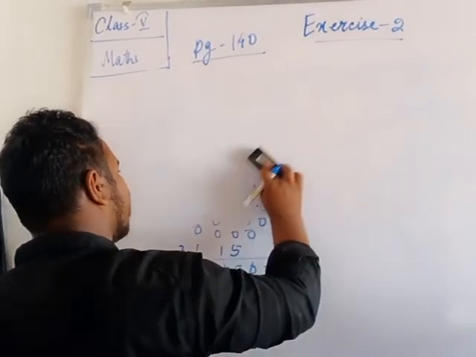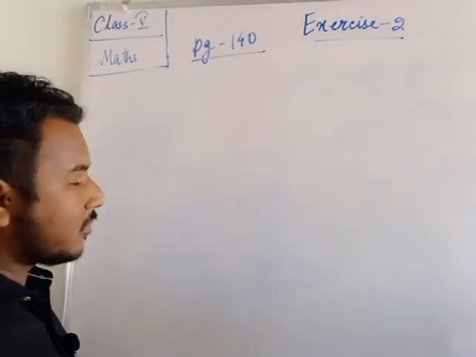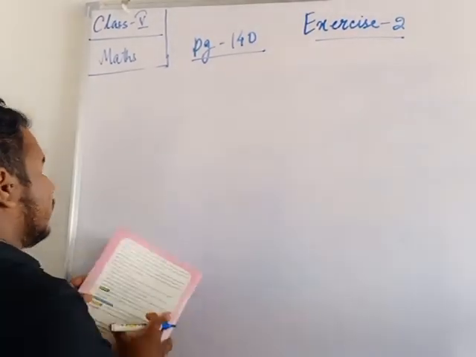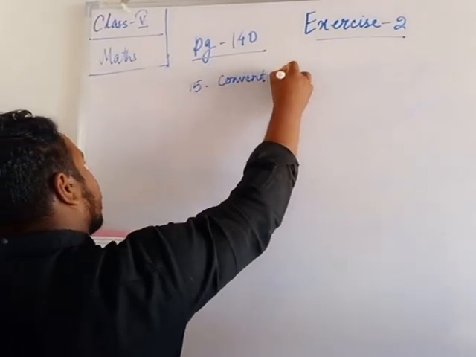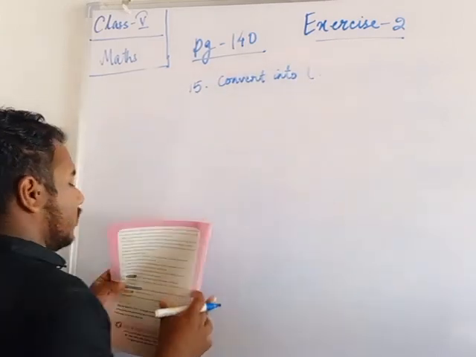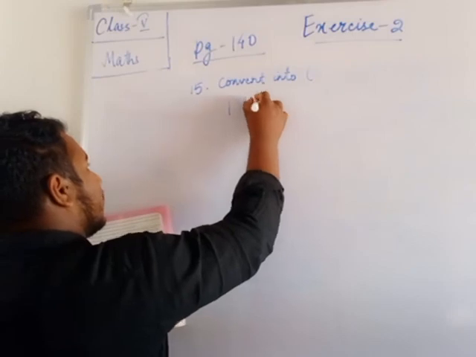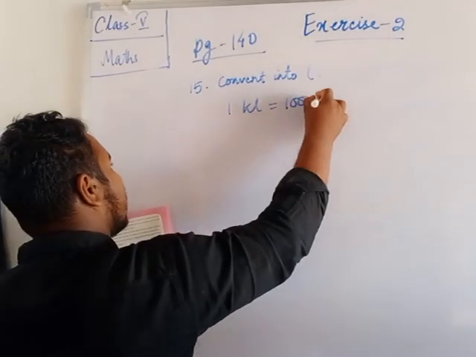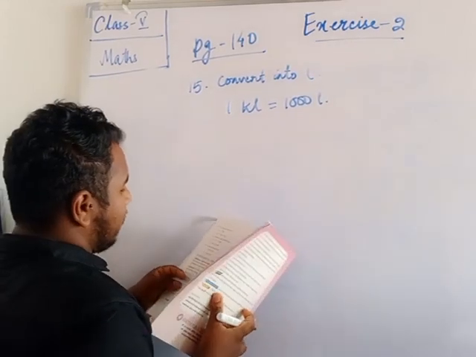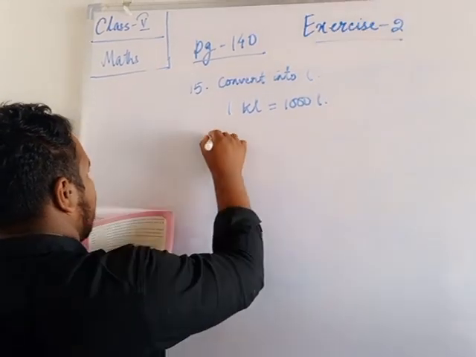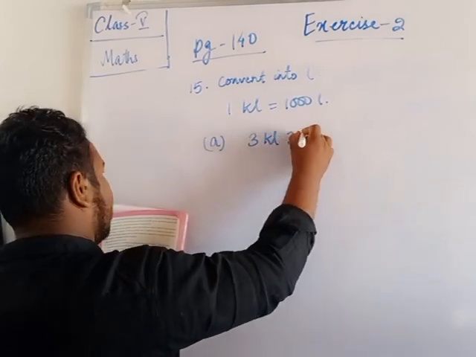Now, last 15 number. Convert into liters. 1 kiloliter is equal to 1000 liter. So how we will do? First we will take any question. 3 kiloliter, 300 liter.